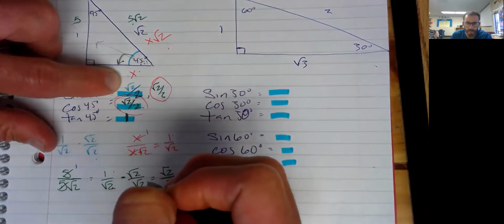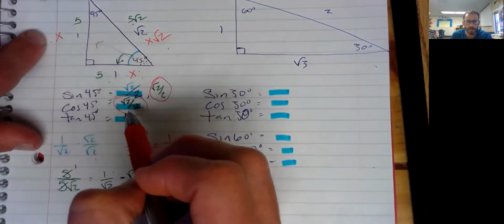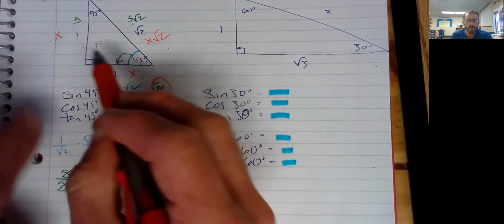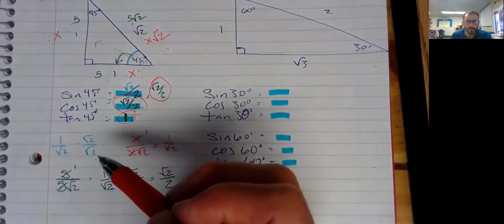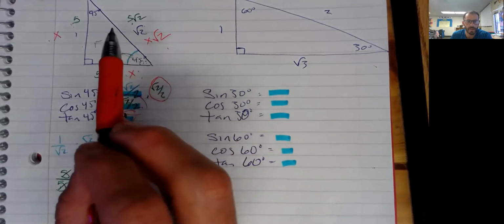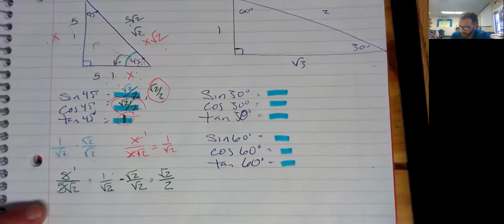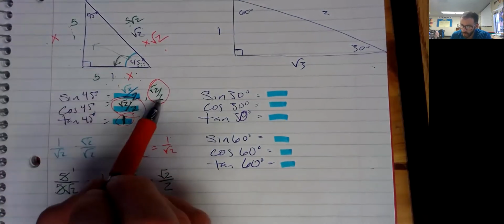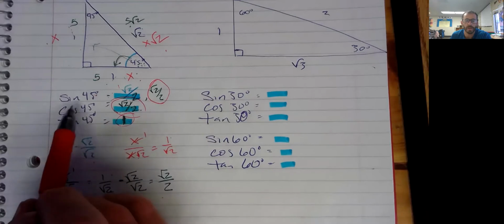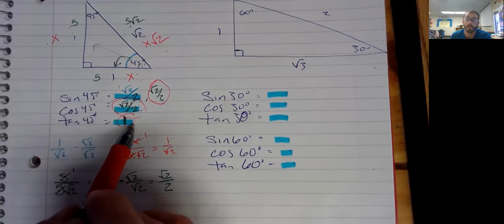Same deal. And then finally, tangent. What's x over x? Anything divided by itself is 1. So it doesn't matter the lengths of the sides. If it's a 45, 45, 90 right triangle, an x, x, x rad 2 right triangle, the sine is always going to be rad 2 over 2, the cosine is always going to be rad 2 over 2, and the tangent is always going to be 1.